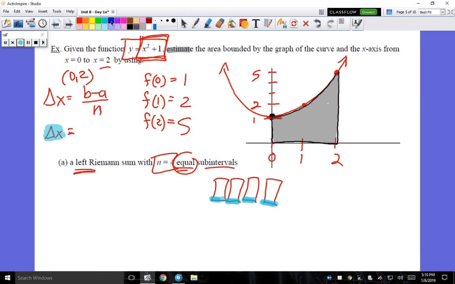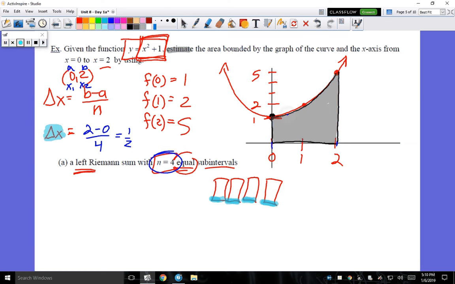You've done this with intermediate value theorem, mean value theorem, this is going to be your first x value and your second x value, otherwise a and b. So we'll say the high minus the low, over in this case, we have 4 subintervals. We're looking for 4 rectangles. So each width is going to be 1/2, which makes sense, because to fit 4 rectangles from 0 to 2, I need to have each width to be 1/2.